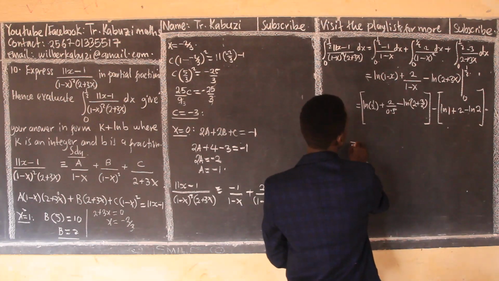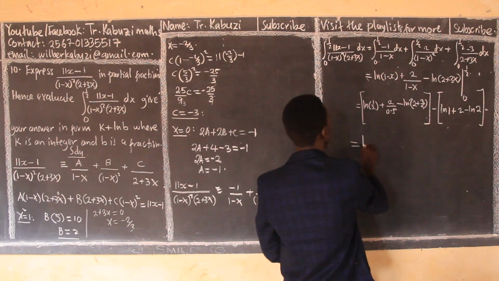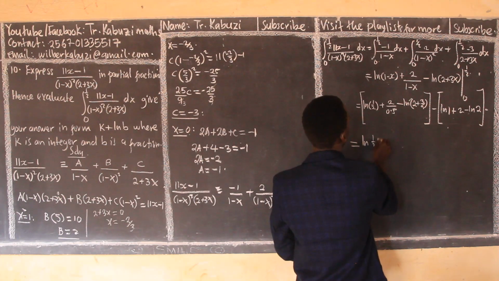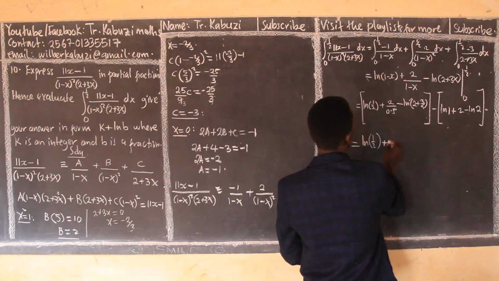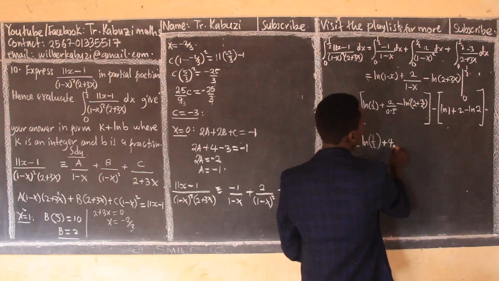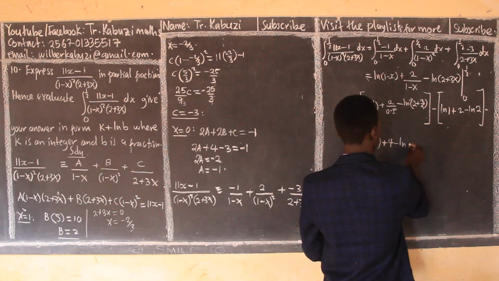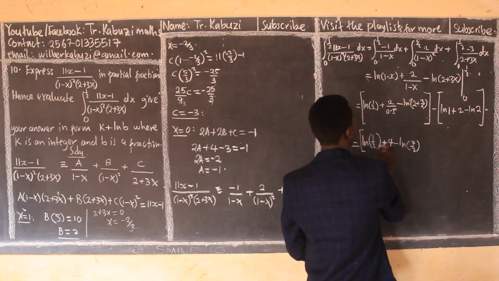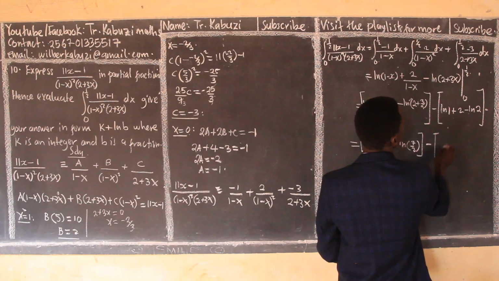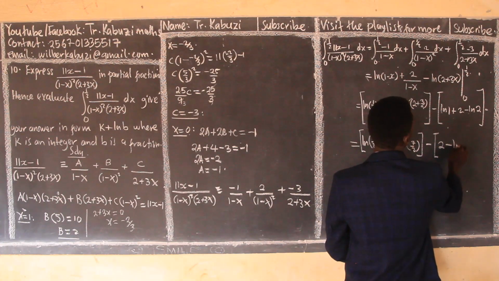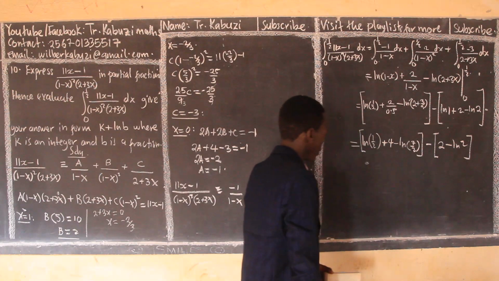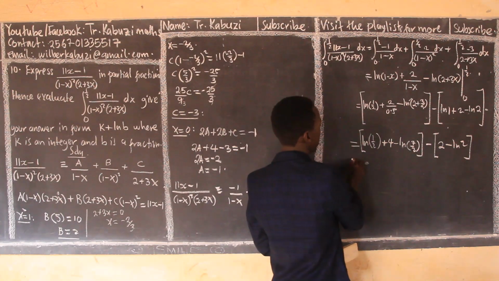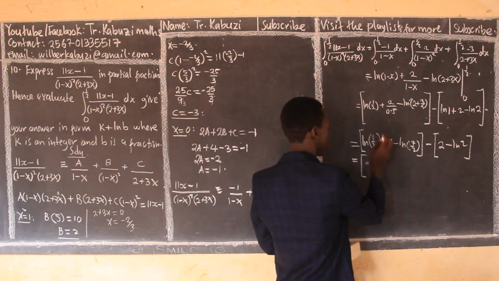So simplifying that, this will be natural log of a half, plus this will be 4, I think, minus natural log of, this will be 3.5 or 7 over 2. So this is this, then minus, we have 2 minus natural log of 2. Can we simplify? If I'm dividing, I will get this divided by this.